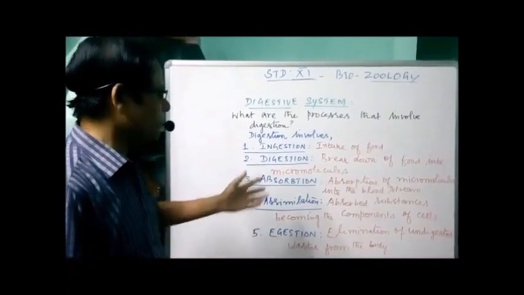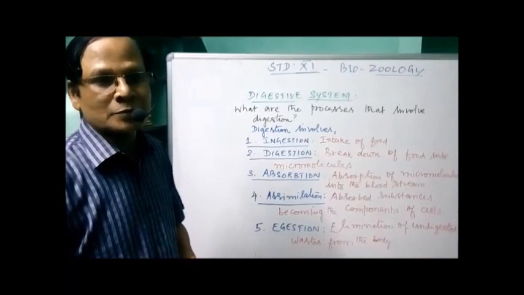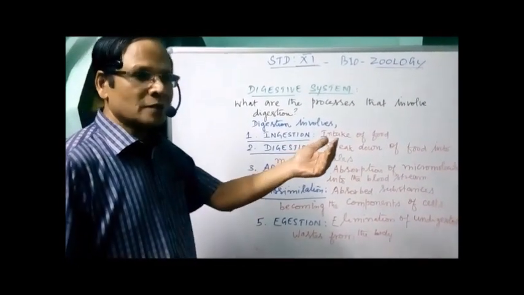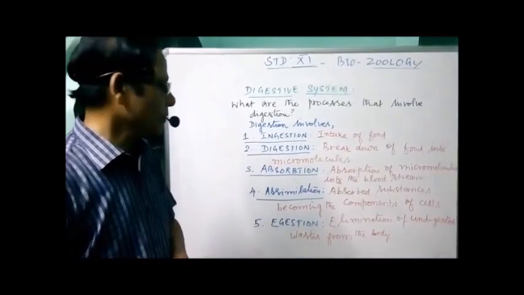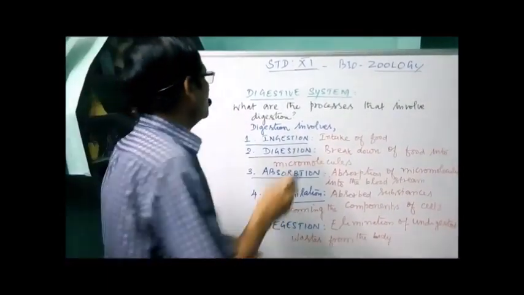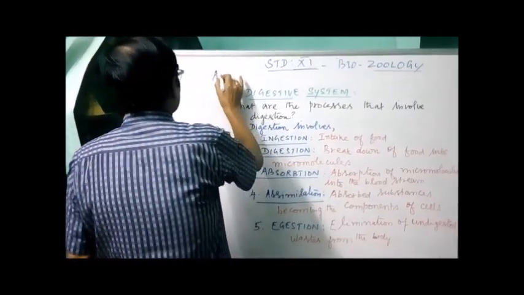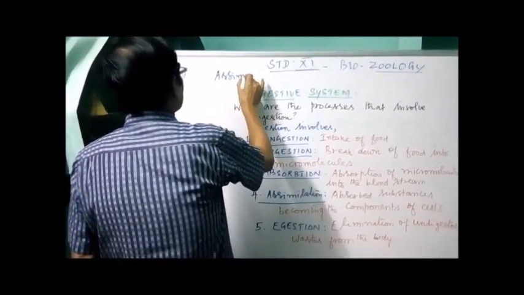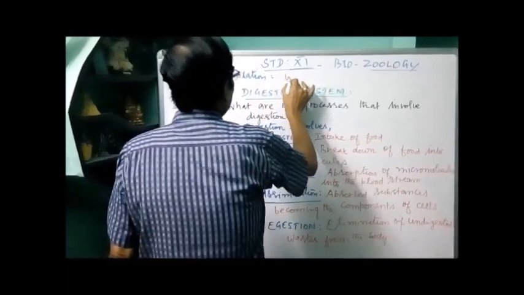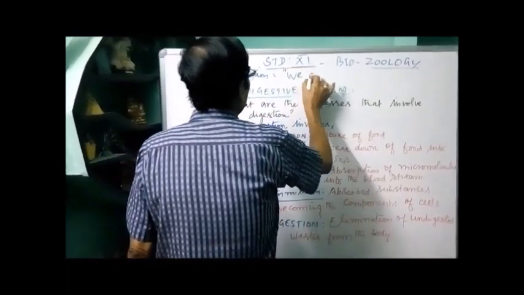We'll see the various mechanisms of absorption, either passive or active. Now assimilation. There is an old saying, we are what we eat. The meaning of assimilation is simply, we are what we eat.